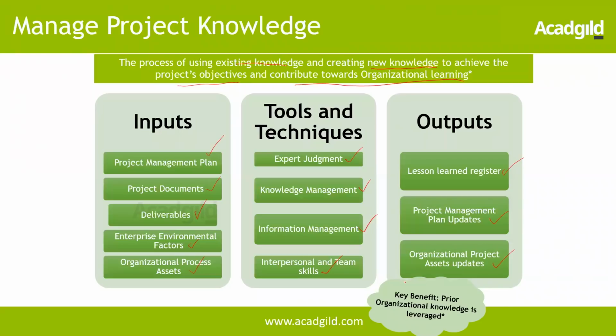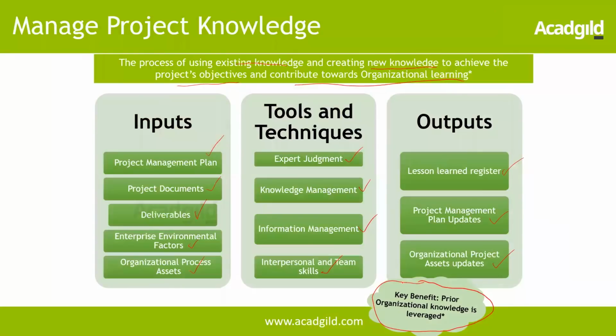So what is the key benefit? It's the prior organizational knowledge is leveraged. So this is what we are talking about in the OPA as well, going and looking at the repository. But repository in general, we talk about all the policies, procedures, templates, as well as some of the historical data of the previous projects.